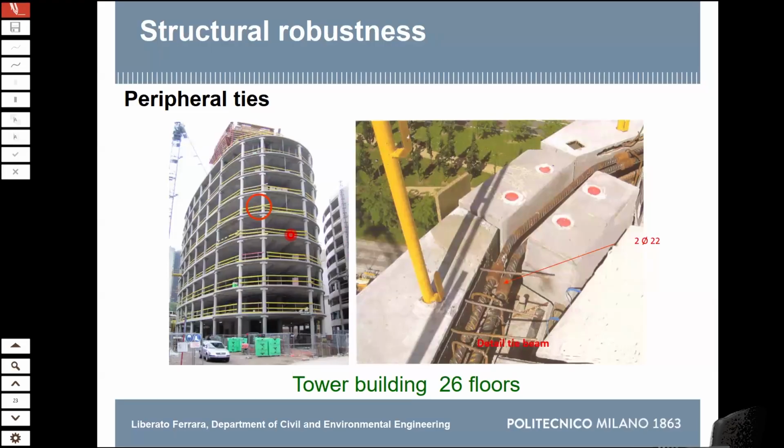To guarantee the robustness, you might abandon the beam scheme and consider it like a rope. So you are really hanging it up. In some cases, in the panels, you can also provide vertical ties, so really hang them up.